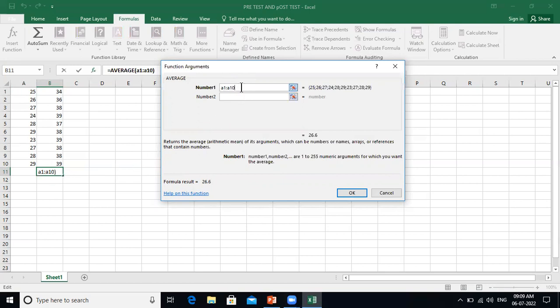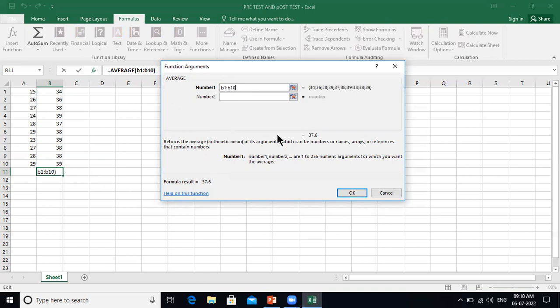Now let's take the mean of the post-test, B1 to B10. Now here the mean of the post-test is 37.6. See here and here also. Okay, so this is the mean.